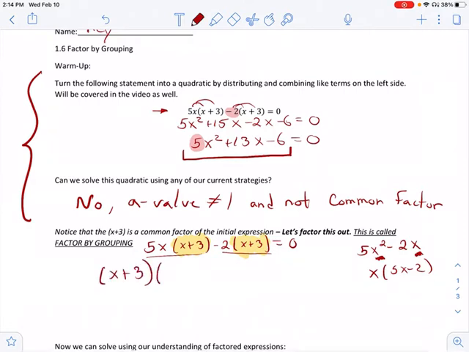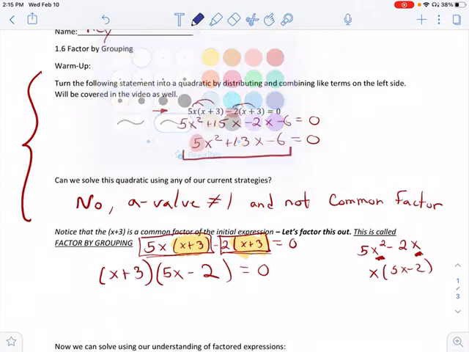When I do that, I'm left with each of those terms on the inside divided by that x plus 3. So if I take an x plus 3 out of that term, all I'm left with is 5x. And for my second term, if I take an x plus 3 out, I'm just left with this minus 2, and that equals 0.